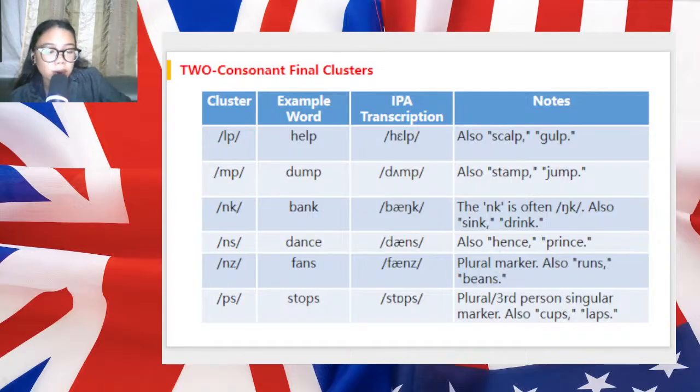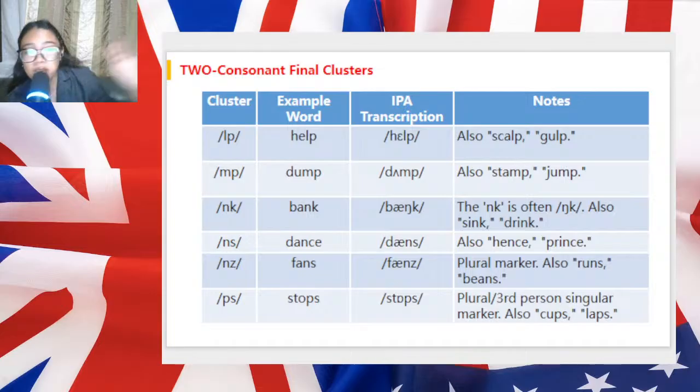This is particularly notable because, as the slide indicates, it is often a plural marker, or it indicates the third person singular verb ending. Here the N sound is followed by the voiced Z sound, like in fans. The Z sound here is voiced, meaning your vocal cords vibrate.